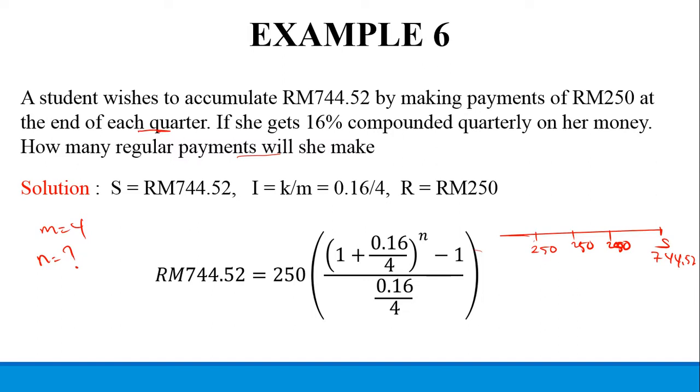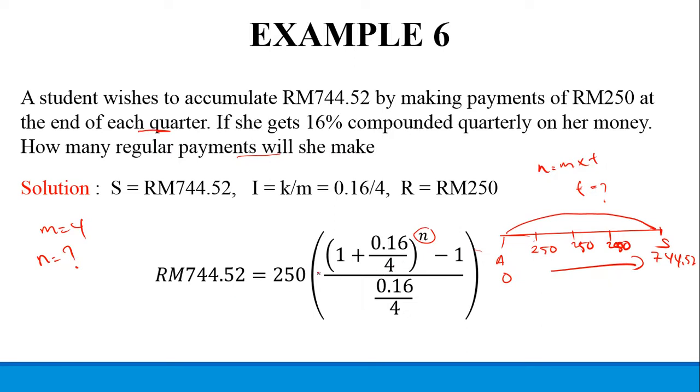What I will do, you know that the A is 0, so you will use the S. You don't know the time. Does it show the time? No, but you just want to find the n, because n is equal to m multiplied by t.